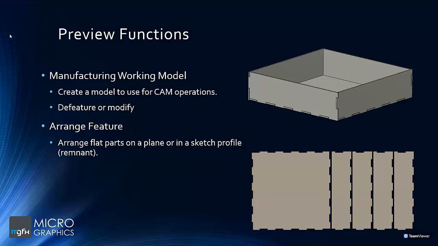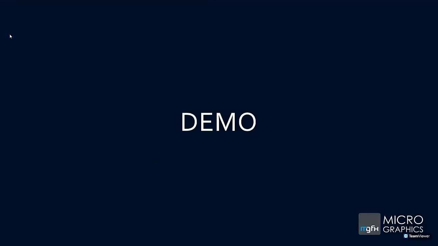Unfortunately, it is limited at the moment. It cannot flatten components out and then arrange them, as per the image on the right-hand side here. It works for components that are already flat rather than opening up bent components and then nesting them as you would.